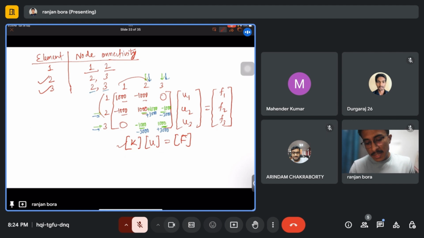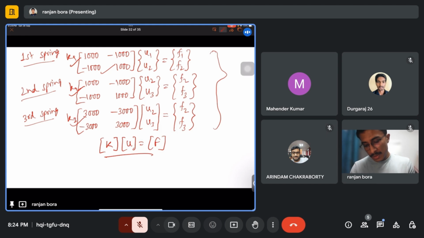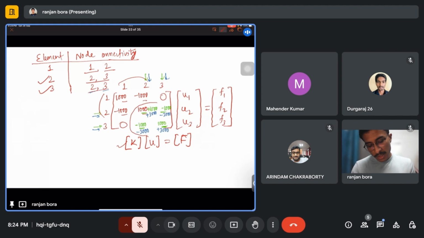Yeah. And for the second and third element also we'll follow the same method. These node connectivities were 2 and 3. So we'll put these two matrices, K2 and K3, in these positions 2 and 3. While putting, there are already some terms from the first element, 1000. So we'll just add this 1000 from the second element and this 3000 from the third element.